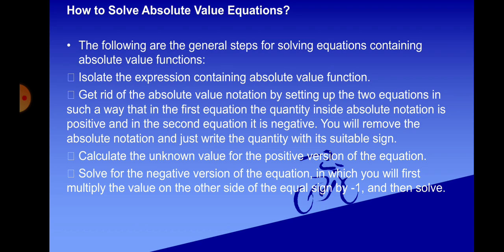We will remove the absolute notation and just write the quantity with its suitable side. Calculate the unknown value for the positive version of the equation. Solve for the negative version of the equation, in which you will first multiply the value on the other side of the equal sign by negative 1, and then solve.